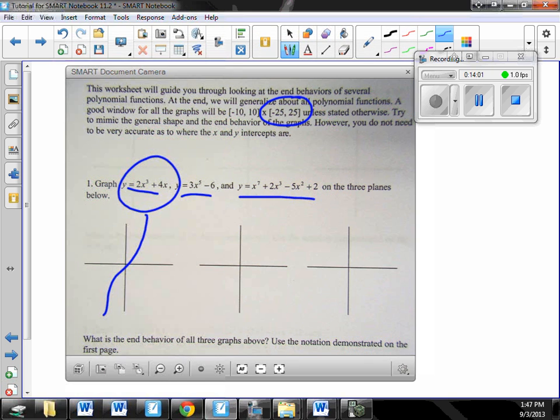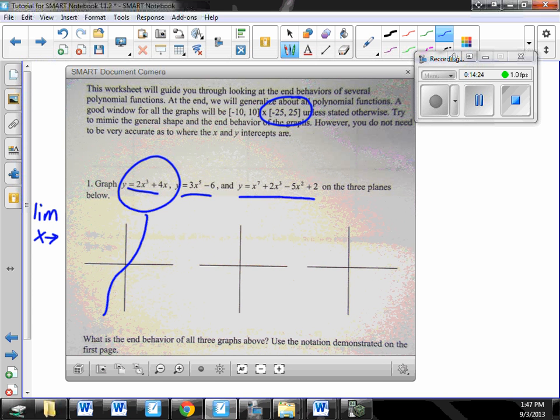Now I want to describe the end behavior. I want to know what happens on the left and what happens on the right. So for the right side, I'm going to write down the limit as x approaches, what's the number on the right? Positive or negative? Positive infinity.